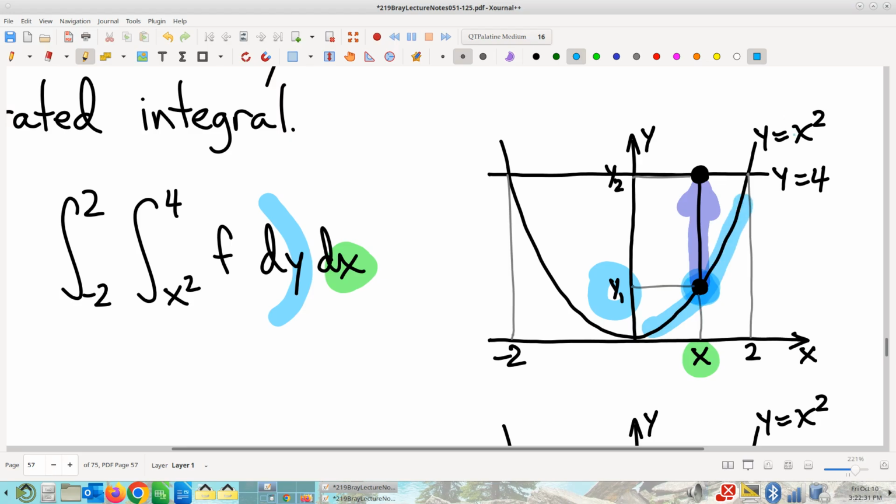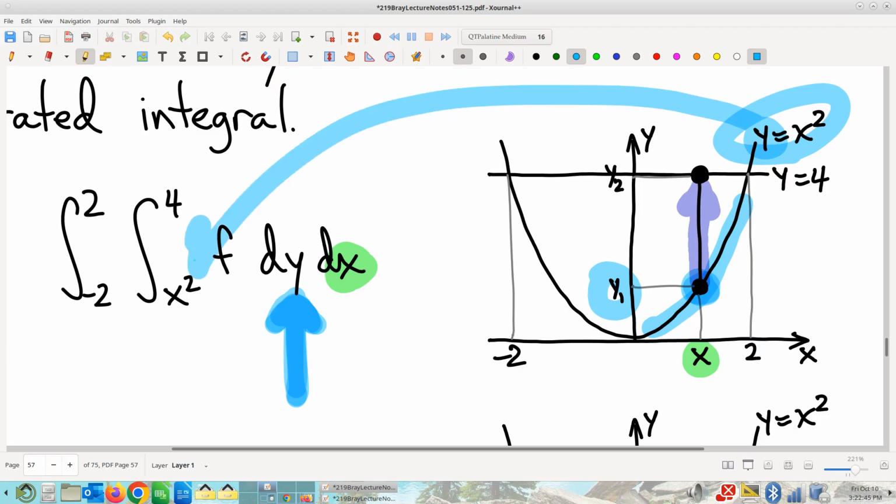That curve has this equation, and it's easy to lose track of what you're doing: we are looking for a y bound, so we solve for y. Y's already been solved for: the function of x that gives y is x squared.